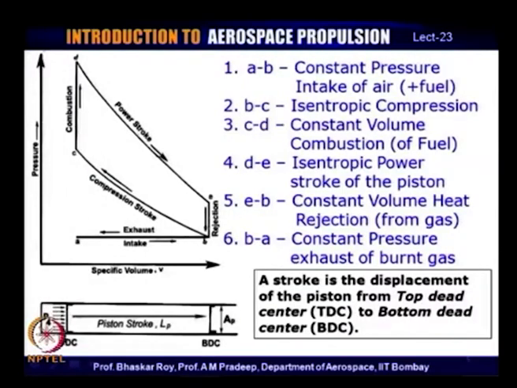So, this small highly compressed air, when subjected to high temperature and pressure, exerts huge pressure backwards onto the piston head, and as a result the piston is forced to move, and that undergoes the process of expansion all the way from D to E. During that process, the piston head is moving back from TDC all the way back to BDC. Once it comes over here, we have the process of heat rejection out of the system, and then the process of exhaust starts. That means the piston again starts moving.